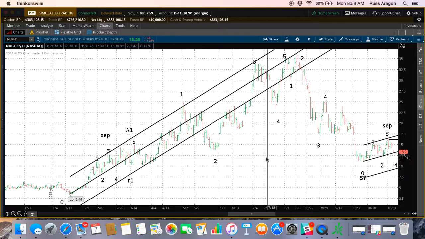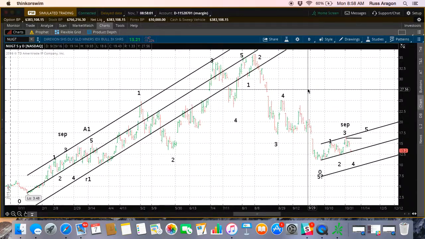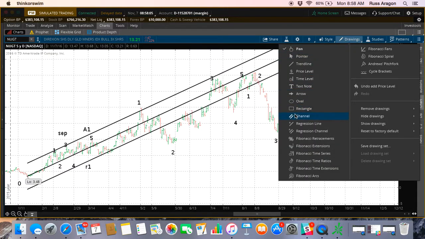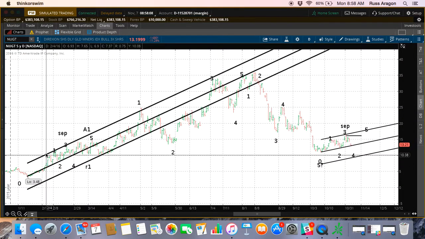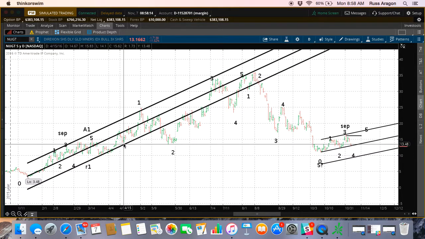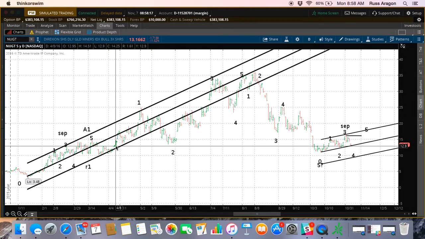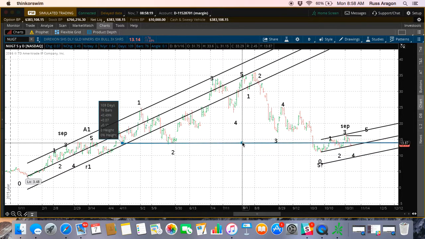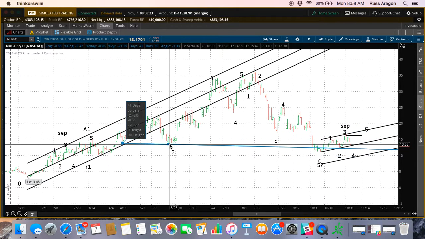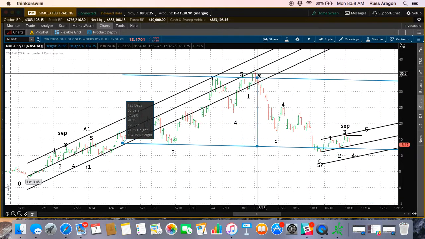Okay, so an old trick that Tim used would be basically to just take our support right here, pretty much a multi-pivot line. So say we got a multi-pivot line right there. Let's double the range.